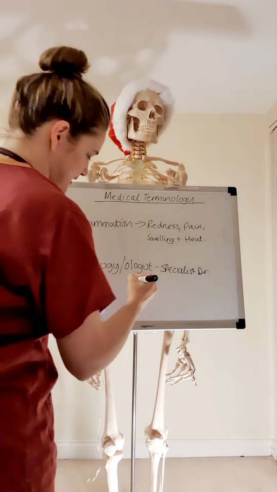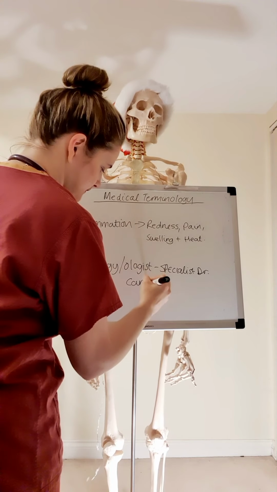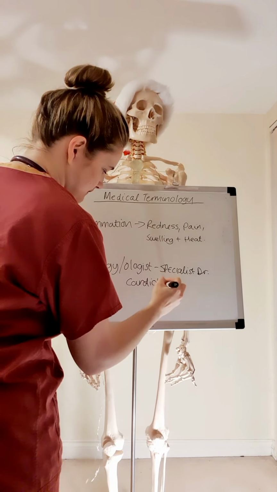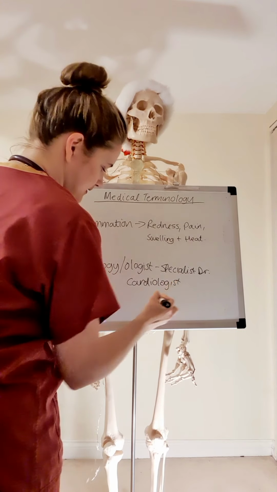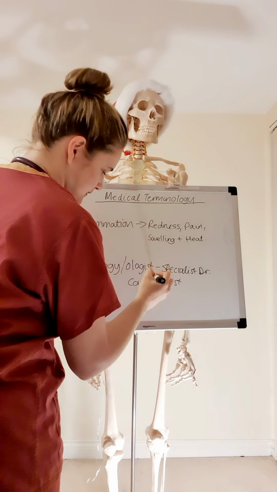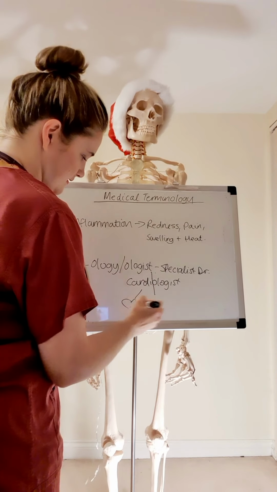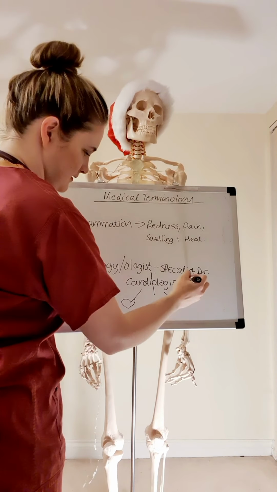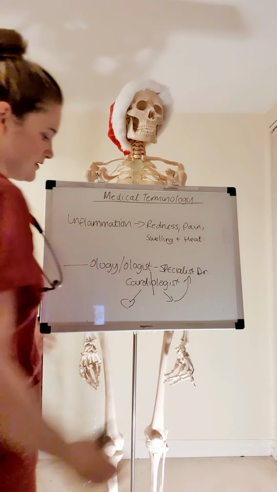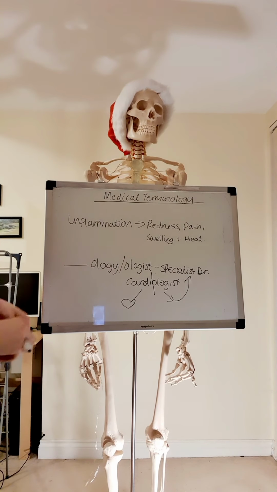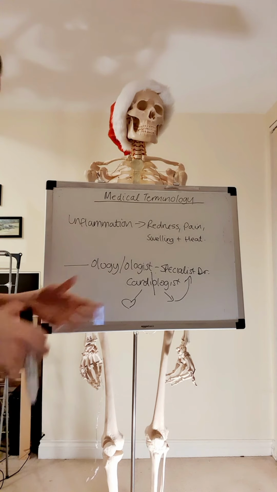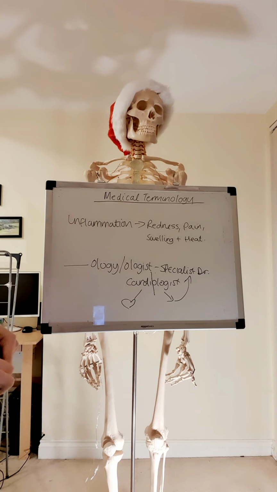So if you had a cardiologist, again, breaking those words up, so this is the heart and this is a specialist doctor. So you know it's a specialist doctor that deals with the heart, same as a neurologist and so on and so forth. Okay?